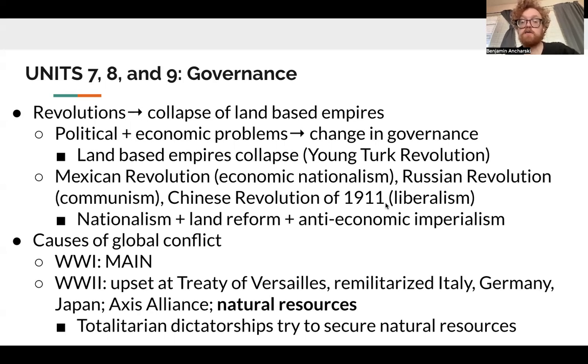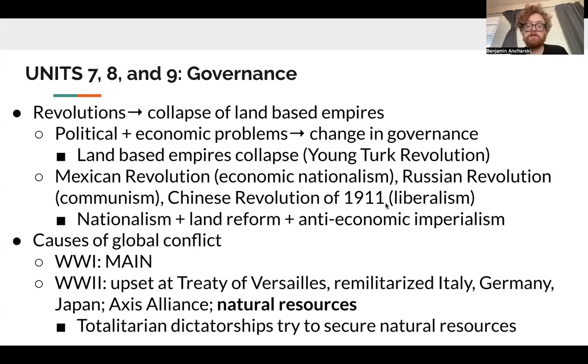The Chinese Revolution in 1911 leads to the end of the Qing dynasty. The Russian Revolution leads to the end of the Russian Empire. And even in countries that aren't land-based empires, like Mexico, for example, we do see revolutions to bring about economic equality.